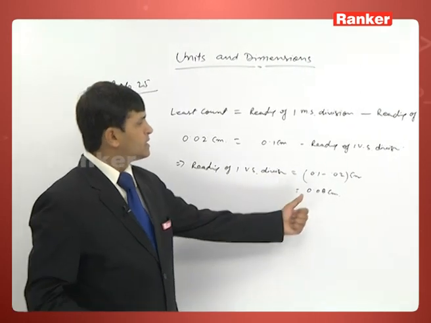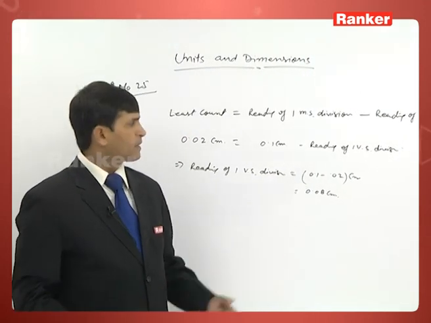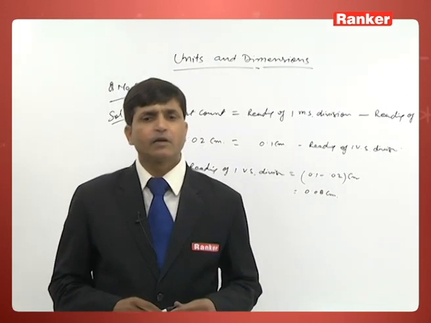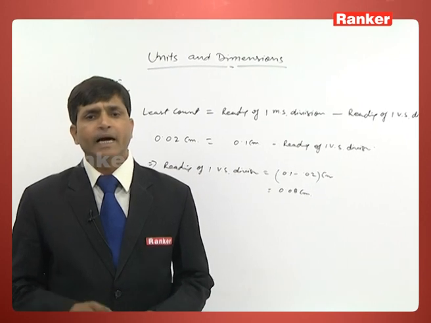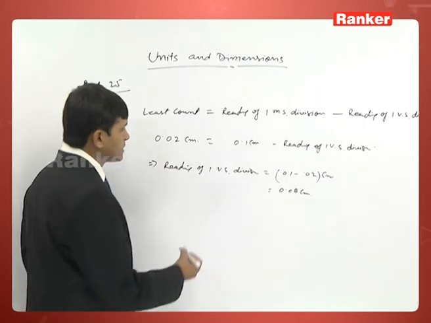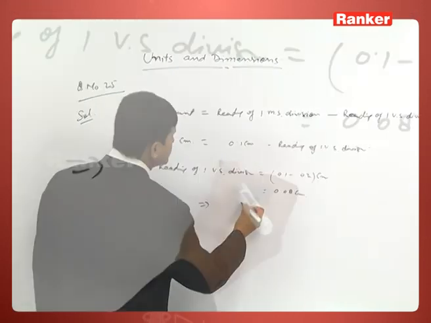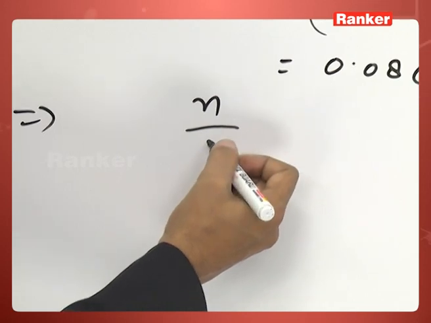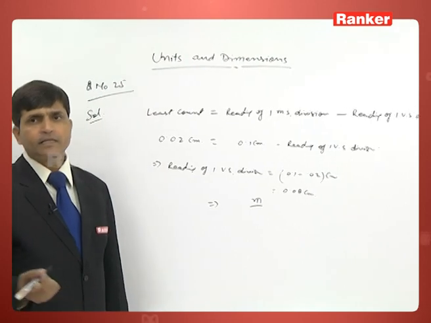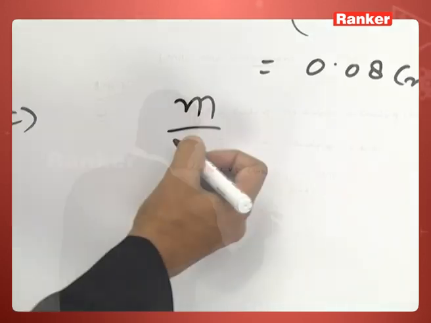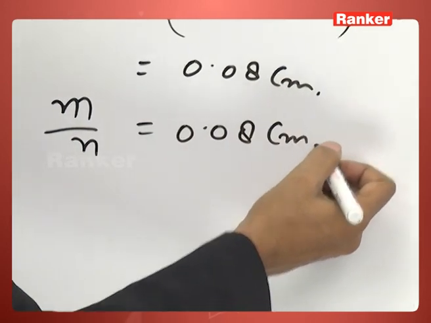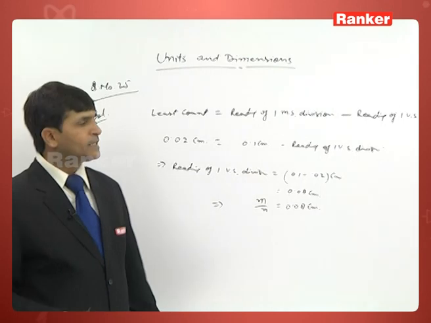So, this is the reading of one vernier scale division, and it is given n is the number of divisions on the vernier scale and m is the length of the vernier scale. So, this is also equal to m by n centimeter, the total reading of the vernier scale divided by n.